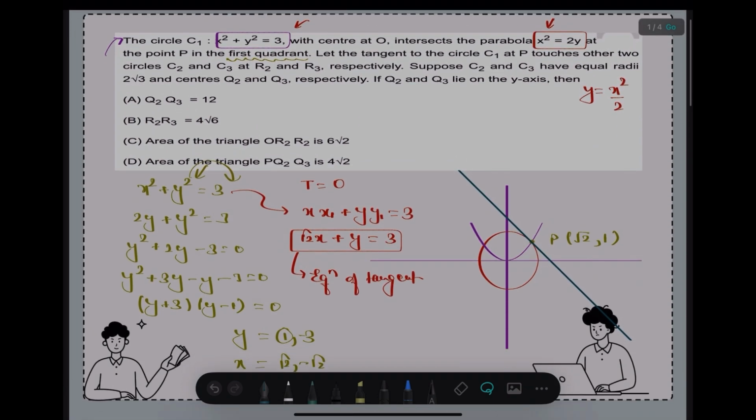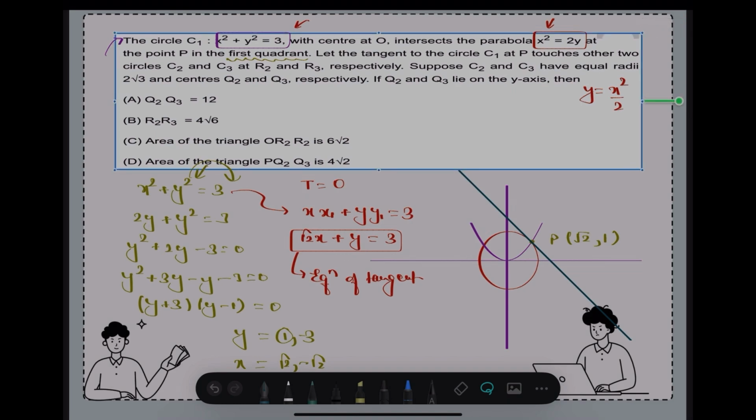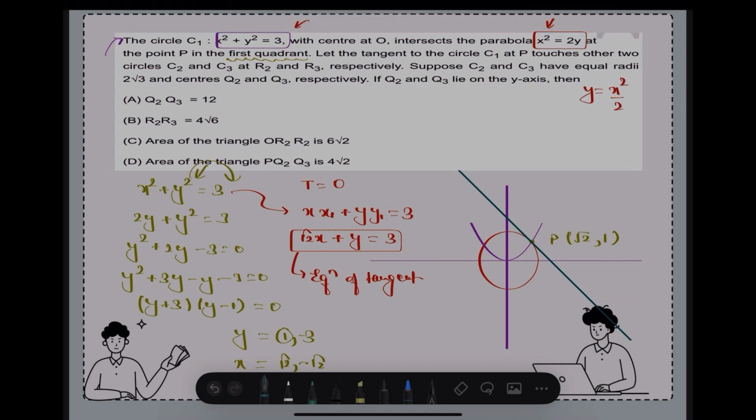Now let the tangent to the circle C1 at P touch two other circles C2 and C3.